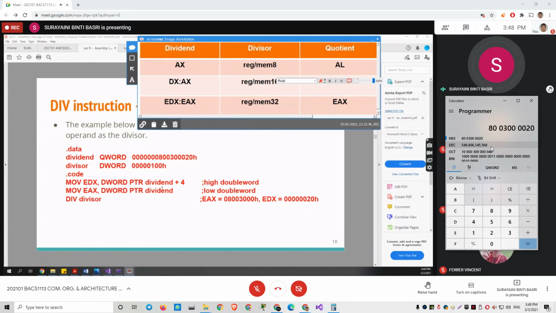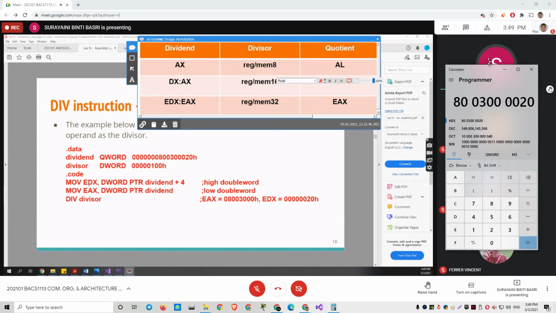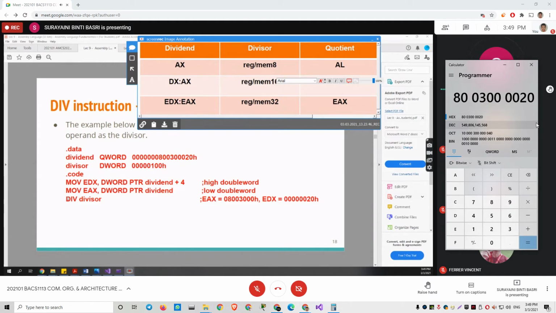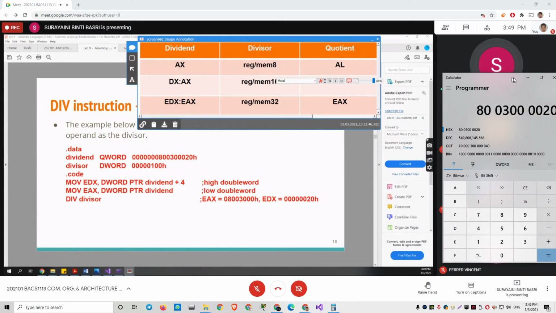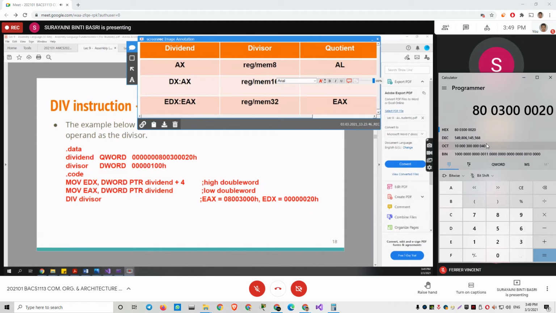So first you need to extract the 32-bit from the qword, from this dividend, and put it in EAX, and then another dword size from this dividend to EDX. After that, we can do the division operation. We cannot directly put the qword inside EAX or EDX because the qword is very large. So that's why we need to extract it.